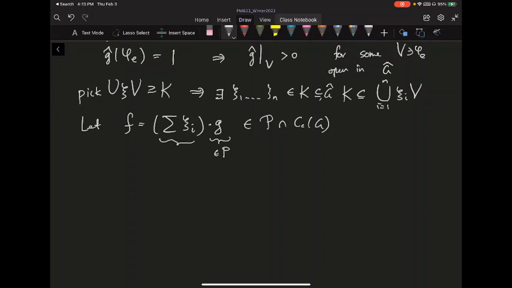We know characters are positive definite, and you take a finite sum, this is also inside P. And when you multiply two positive definite things, they're still positive definite.